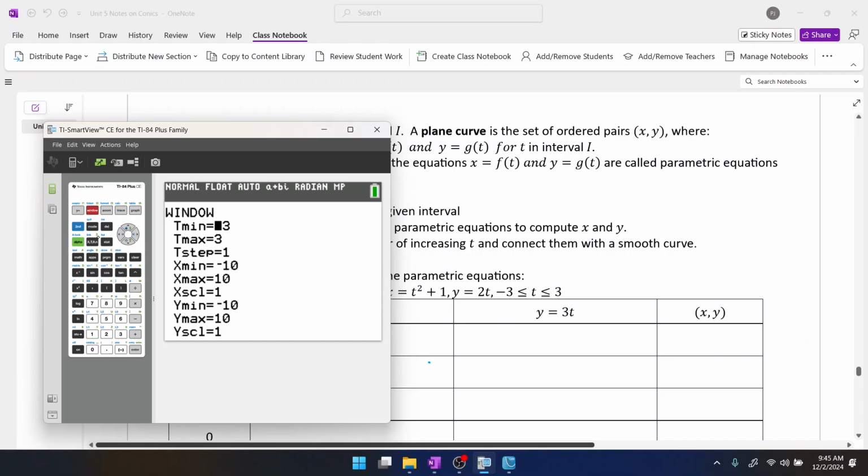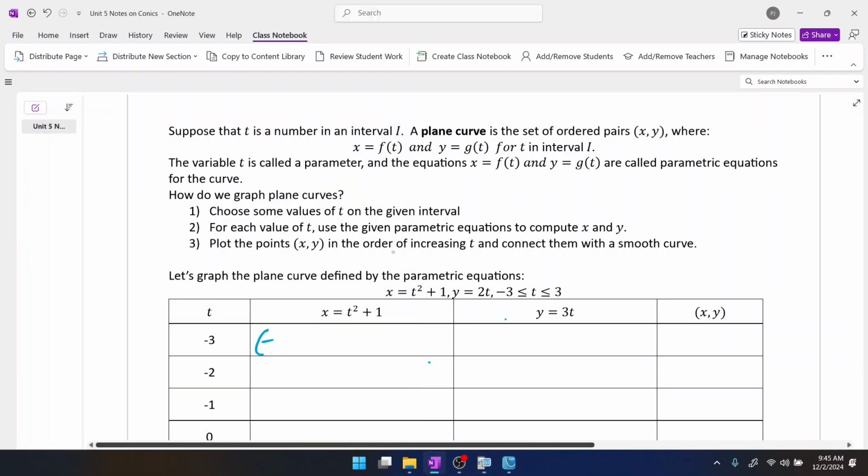All right, so with that in mind, let's figure out some values here. So yeah, -3 squared plus 1, that's going to be 10, and 3 times -3 will be -9. So this will be at 10, -9.